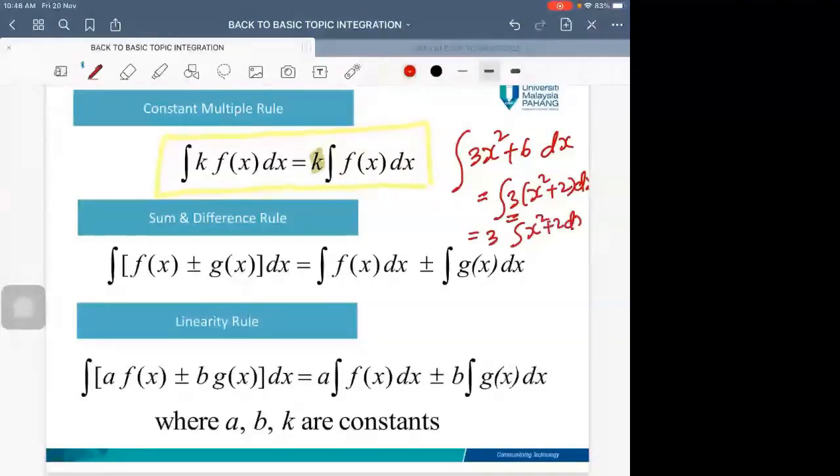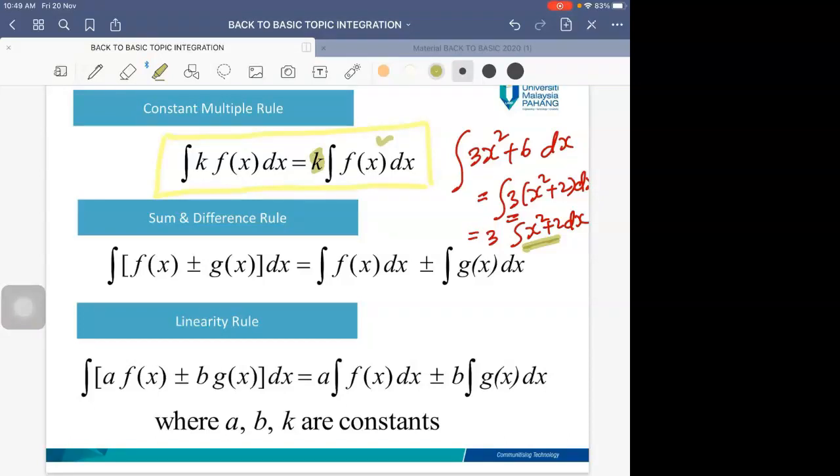You can see here, it's quite simple if we factorize our constant outside. So you can use this technique to simplify your integration, but make sure that you are able to factorize and that the constant is what you bring outside.